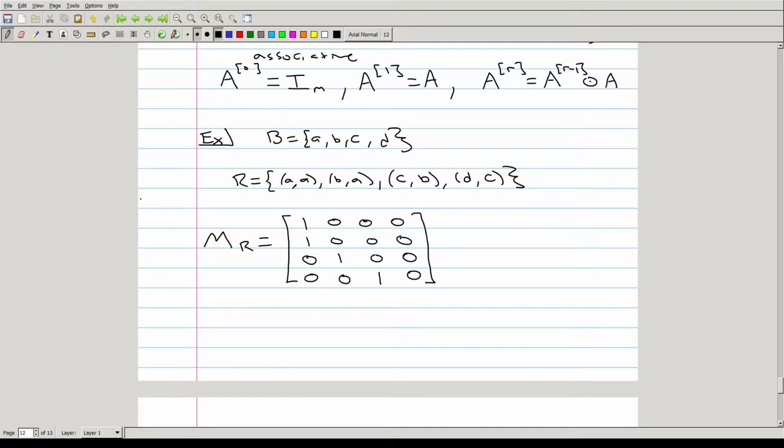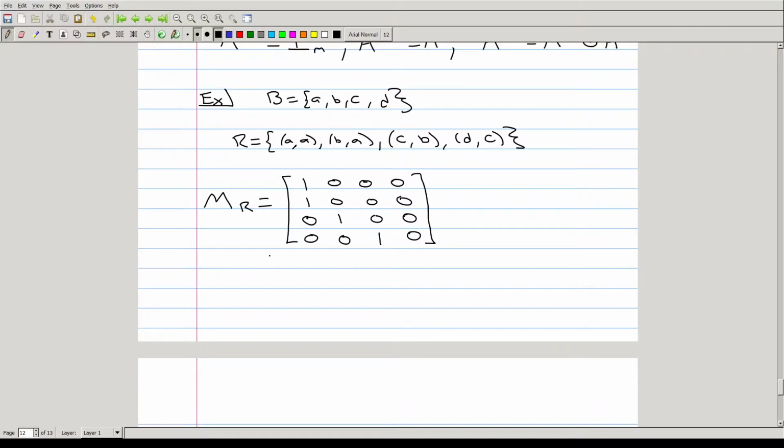You see that we can use 0, 1 matrices to represent relations.